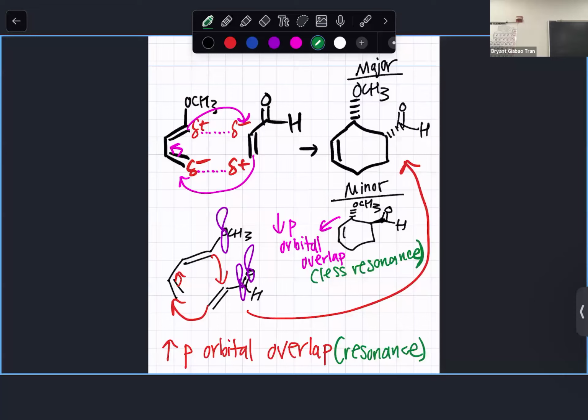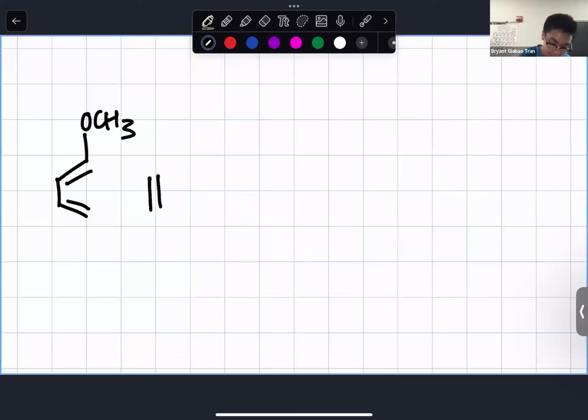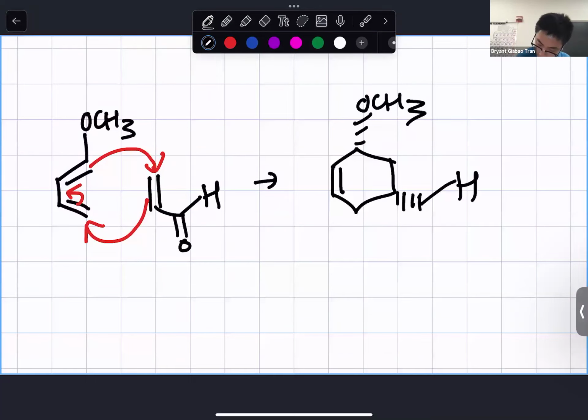Where I'll show you guys this right here. He could trick you guys by putting this on the test. He could give you that EDG, and he could give you this EWG right here. Right? A lot of people would do this. They get the stereochemistry right, which is the same side, but the regiochemistry is wrong.